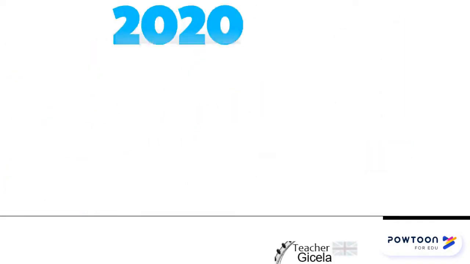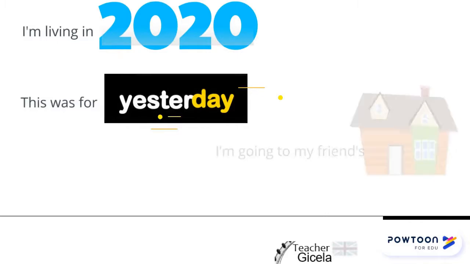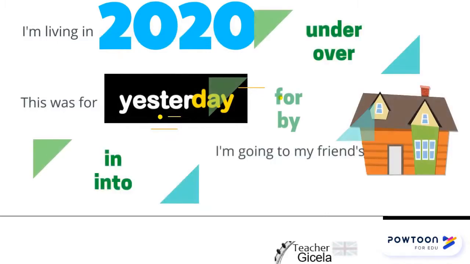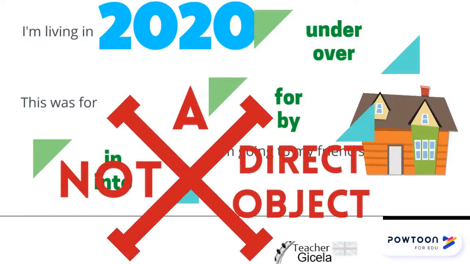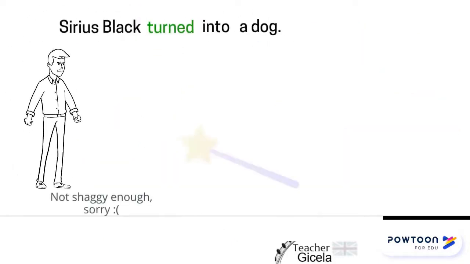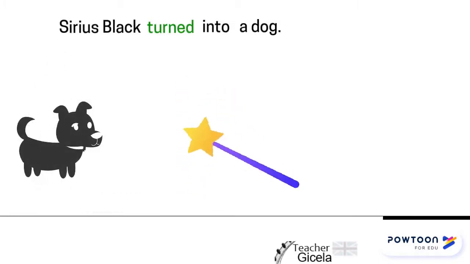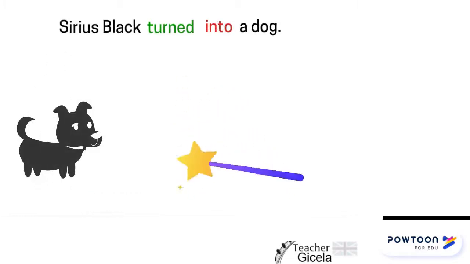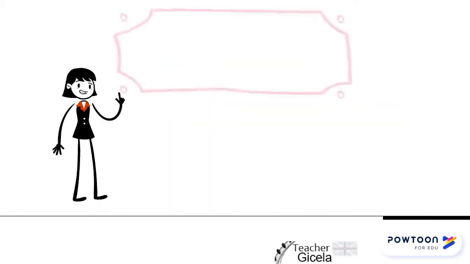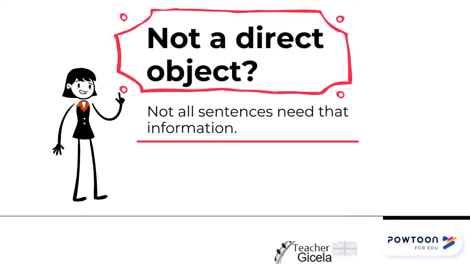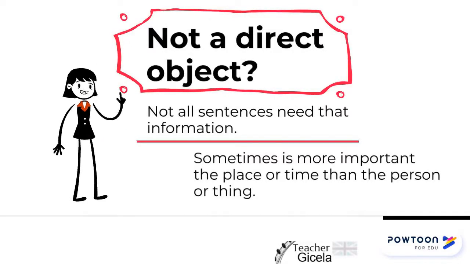If you have a number, a moment in time, a place, a preposition, or any other information, that won't be it. For example, in the sentence, Sirius Black turned into a dog, we have the preposition into, which will let us know that this sentence does not have a direct object. Yes, that is possible, for a sentence not to have a direct object.